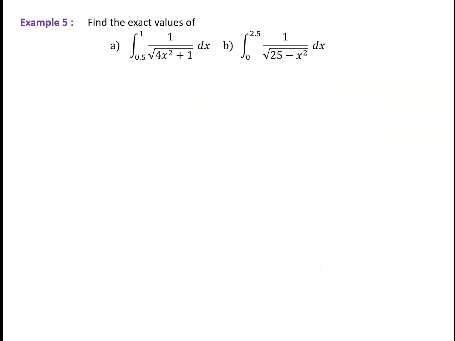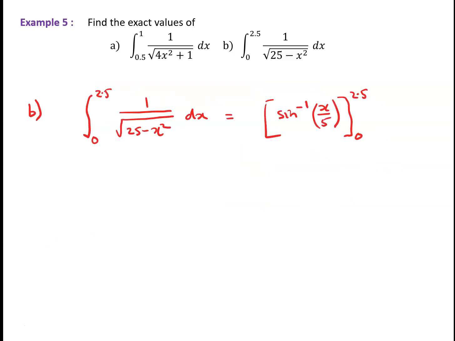For the second integral, 1 over root 25 minus x squared is 1 over root of a squared minus x squared, where a equals 5. So this is a standard integral, and this one is here in this exercise simply to remind you not to forget the results about inverse trigonometric functions and their use in integration.